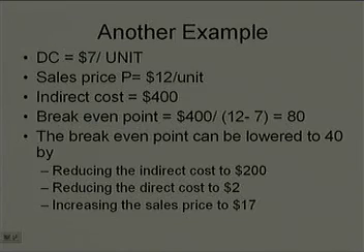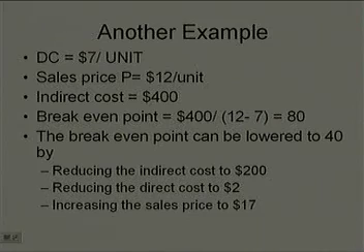So, these are the different ways through which I am trying to bring down my break even point. Why? Because it gives me confidence that okay, I am doing fine. It is a sign of a healthy company.